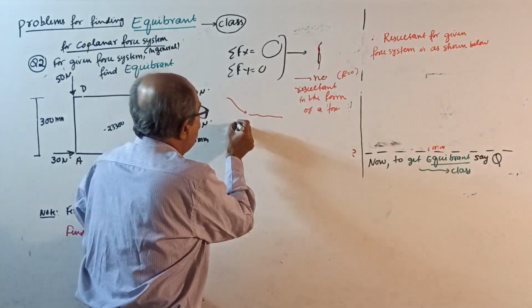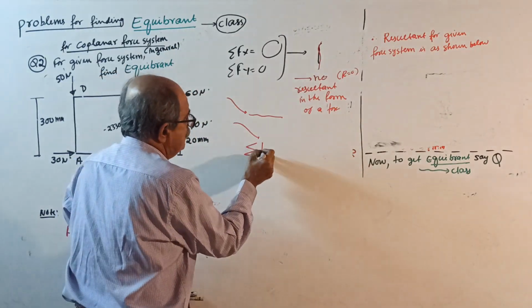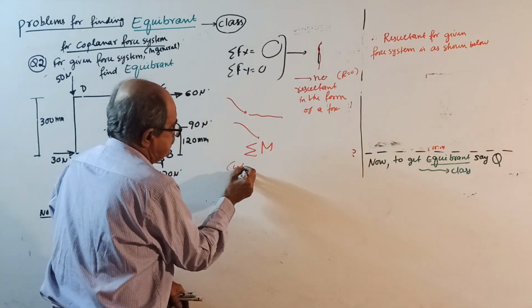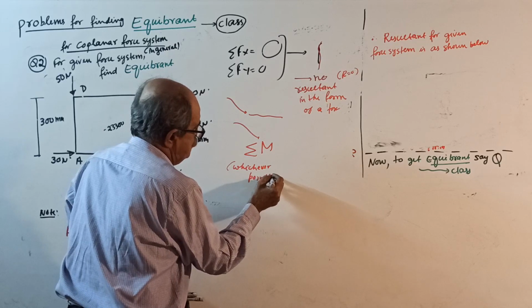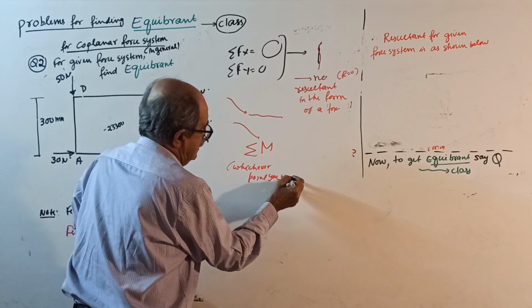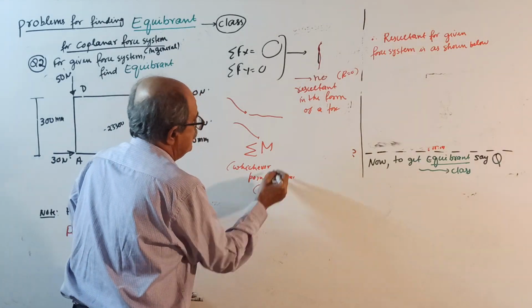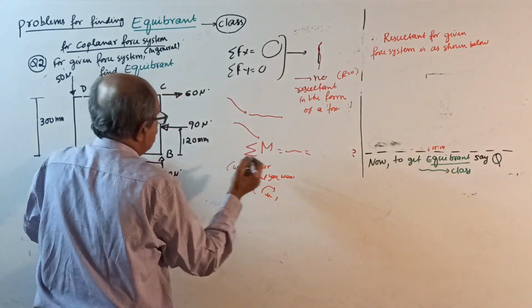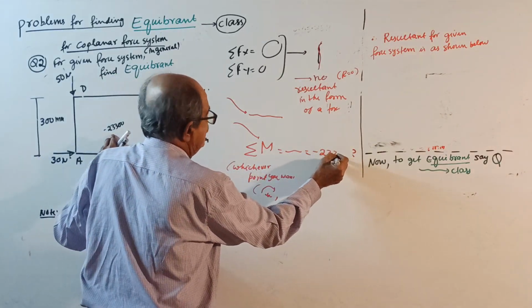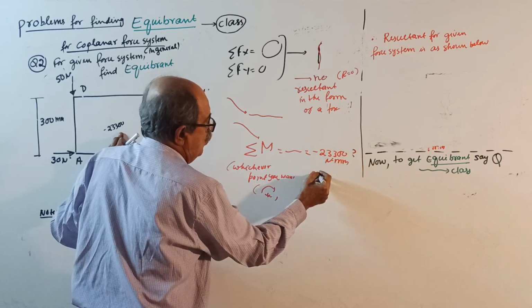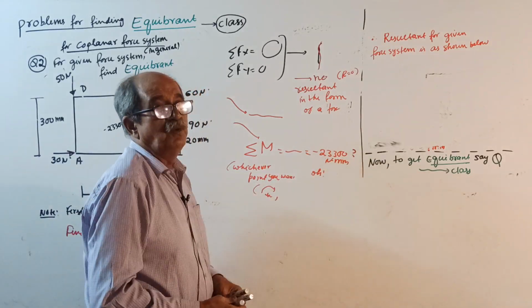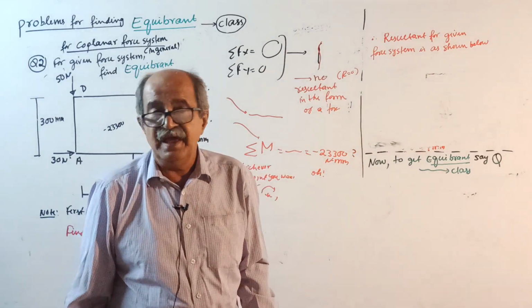You take any point, sigma M about whichever point you want. I will take clockwise positive. Equal to, it will come minus 23300 Newton millimeter. Oh, therefore, a resultant couple is there.